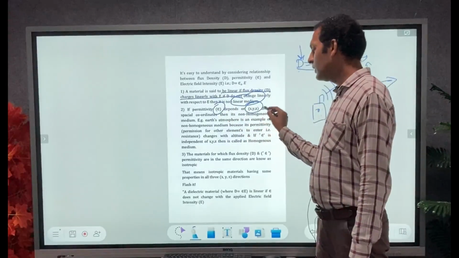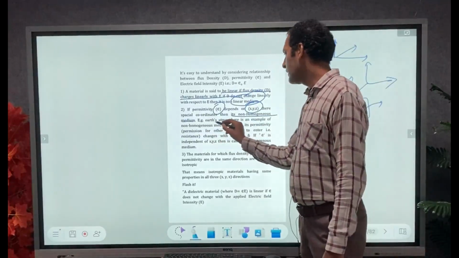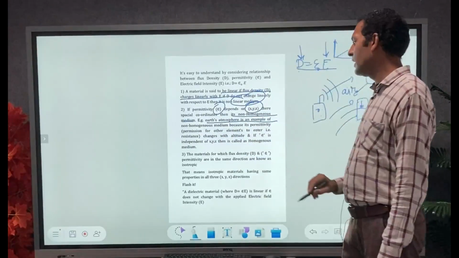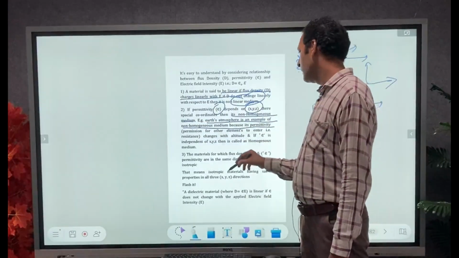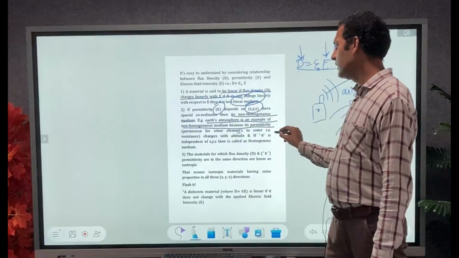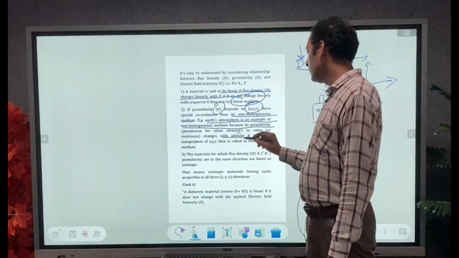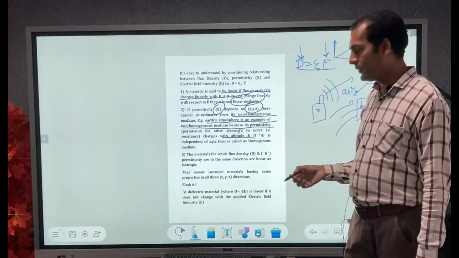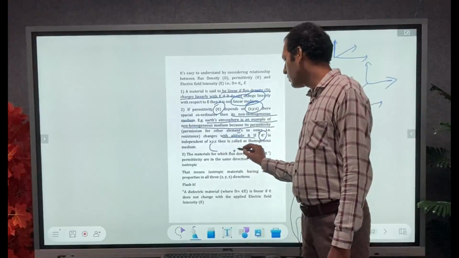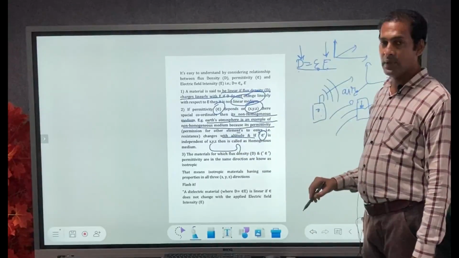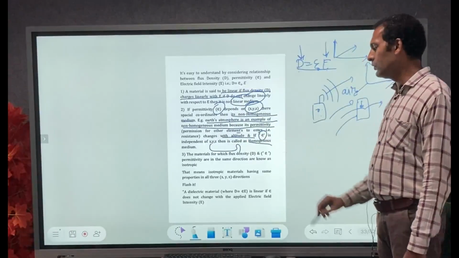If it depends on the three axes, then it is a non-homogeneous medium. For example, Earth's atmosphere is an example of non-homogeneous medium because its permittivity, that means permission for other elements to enter, that is resistance in other words, changes with altitude. As altitude changes, its permission changes. So this epsilon depends on x, y, z. If it is not depending, it is homogeneous. If it is depending, it is non-homogeneous.